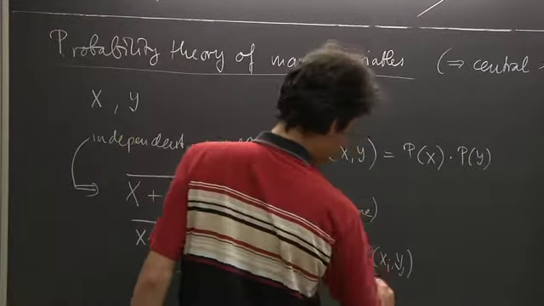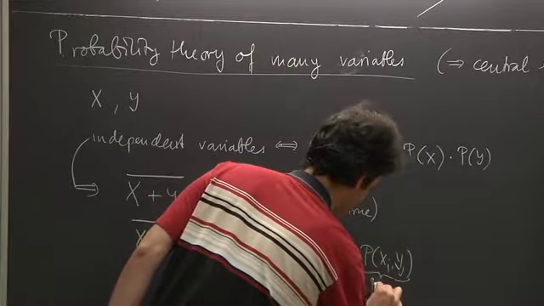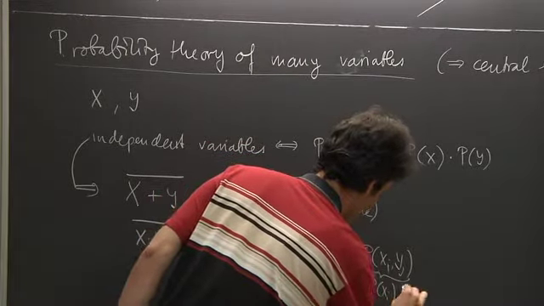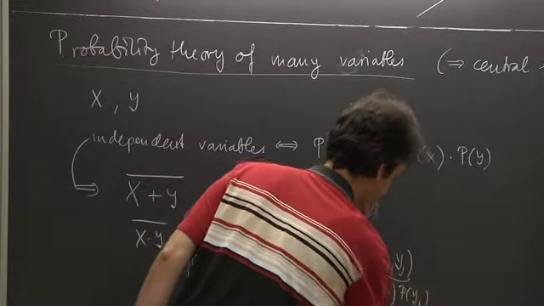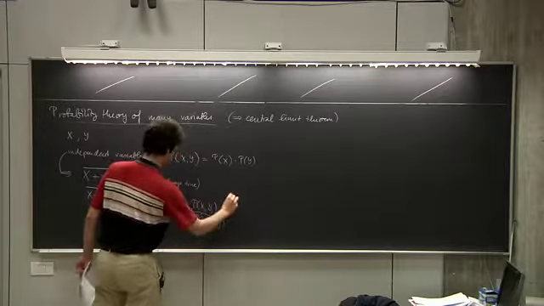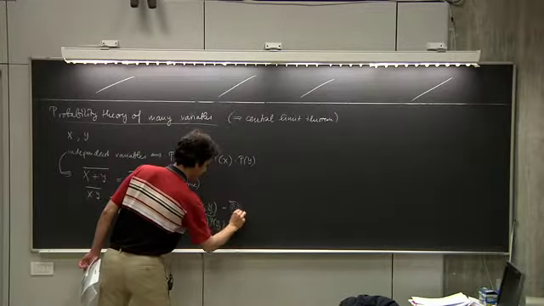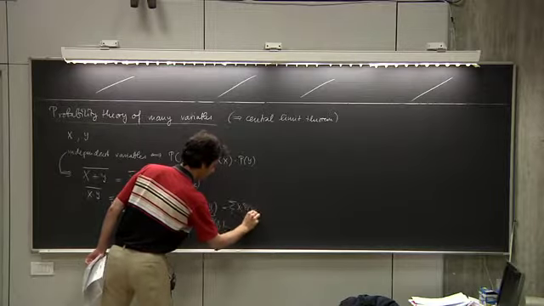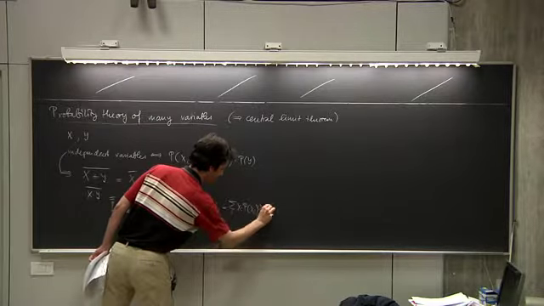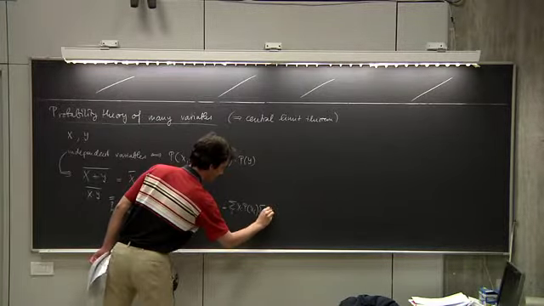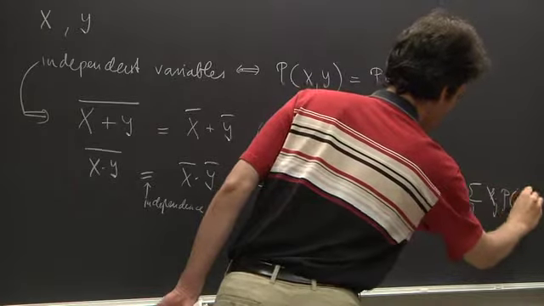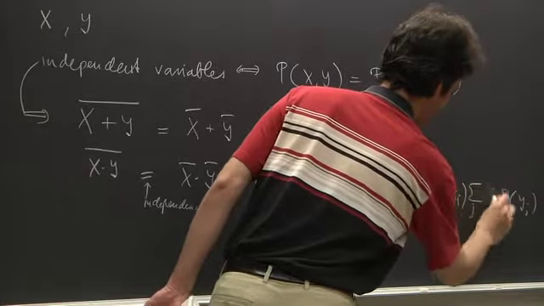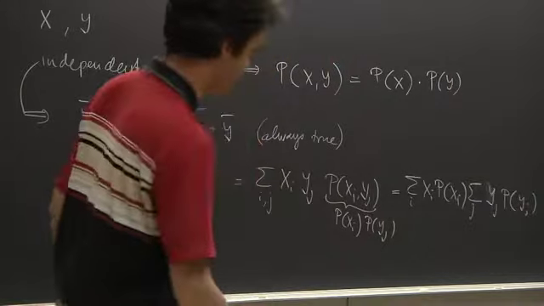Now, if I have independence, then this is equal to the product, right? Then I can write this as a sum over i of xi p(xi), and then a sum over j of yj p(yj).